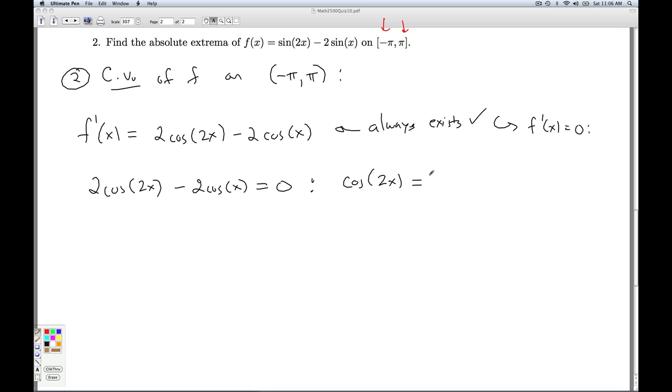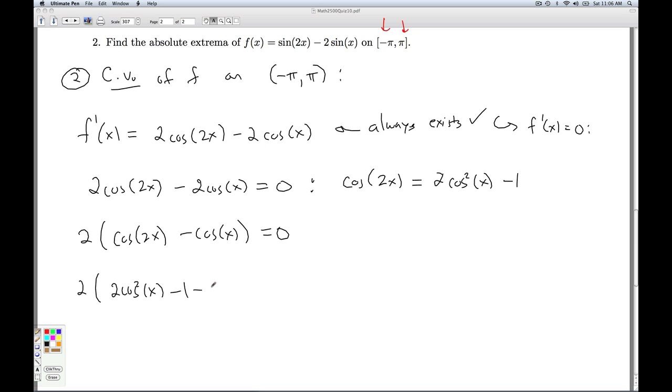So I'm going to use a trigonometric identity. Cosine 2x is 2 cosine squared x minus 1. Before I make that substitution, I can factor out that 2. Now I'll substitute that in, and so I get this.